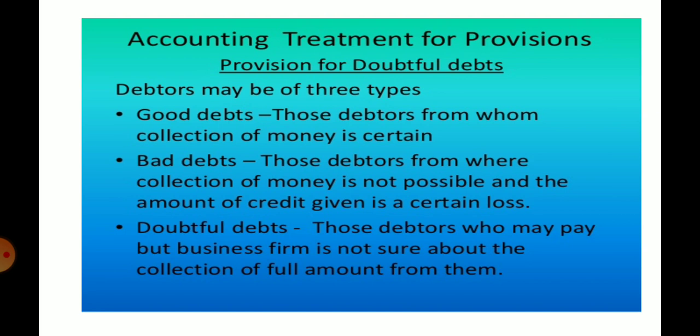Bad debts are those from whom the collection of money is not possible. And doubtful debts are those who may pay, but the business firm is not sure about the collection of the full amount from them. So for this we will make provisions.